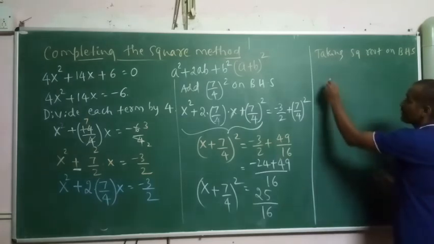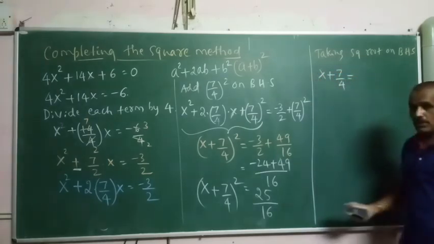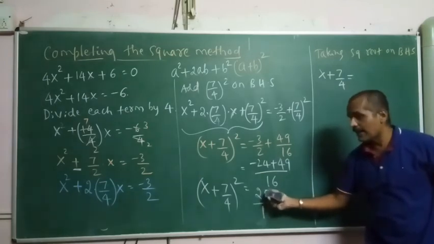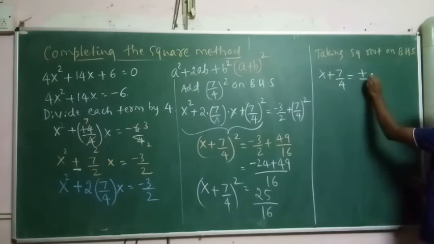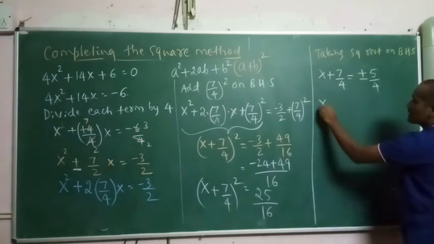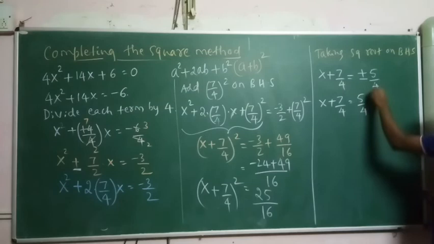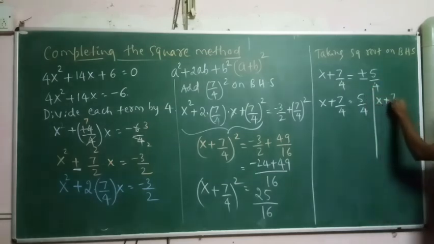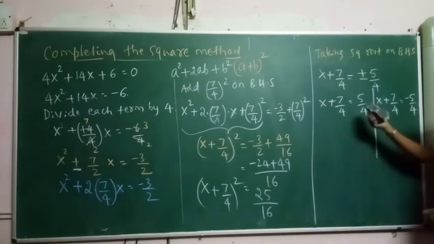It is x plus 7 by 4 is equals to, when you take the square root, for any number there are two roots, plus or minus 5 by 4. 25 square root is 5, 16 square root is 4. Now you can separate: x plus 7 by 4 is equals to plus 5 by 4, and x plus 7 by 4 is equals to minus 5 by 4.